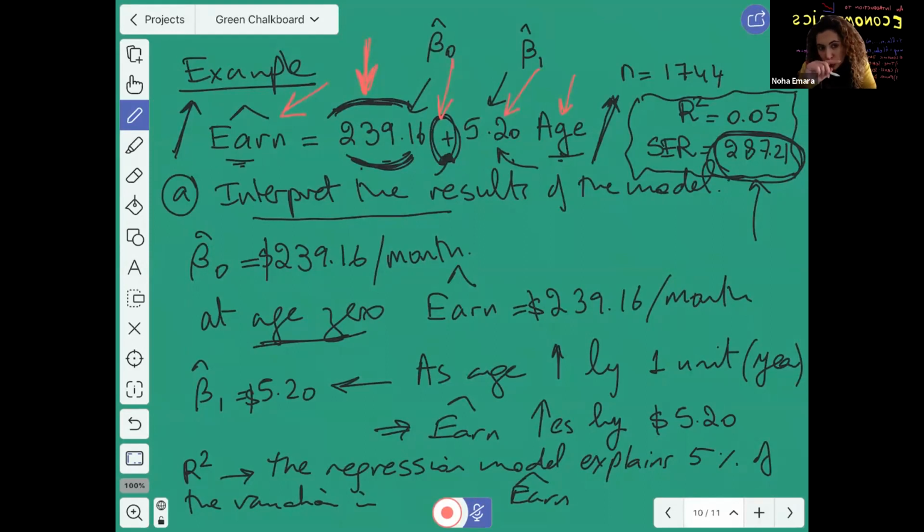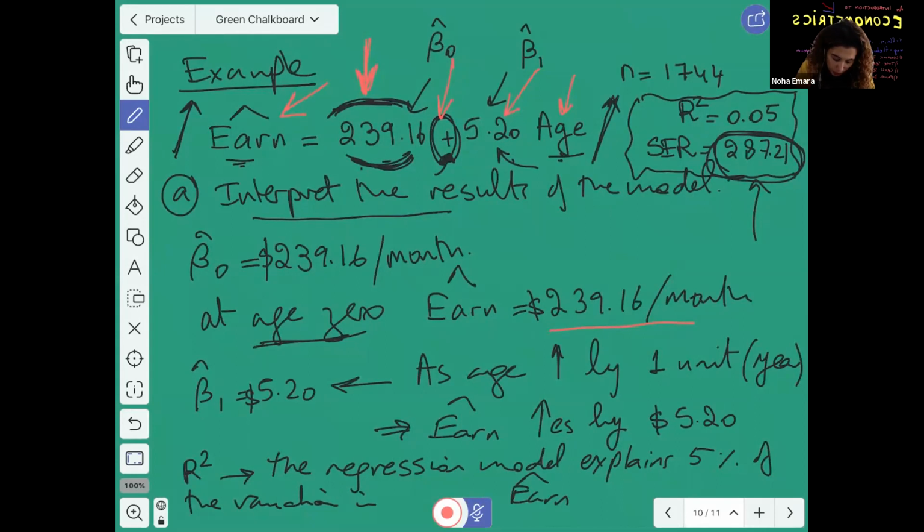So 239.16 is the value of earnings hat, the estimated earnings, when age is equal to 0. Given that age is not equal to 0, we will just say it's a mathematical meaning rather than an economic meaning. So at age 0, earnings hat is $239.16 a month, and this only has a mathematical meaning because I don't have any age equal to 0.